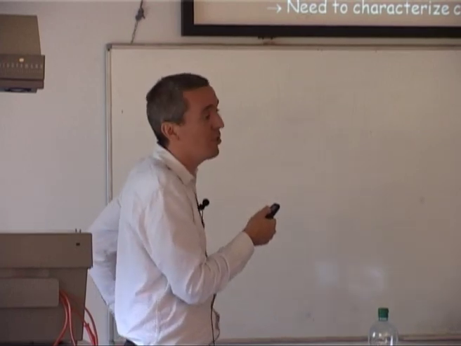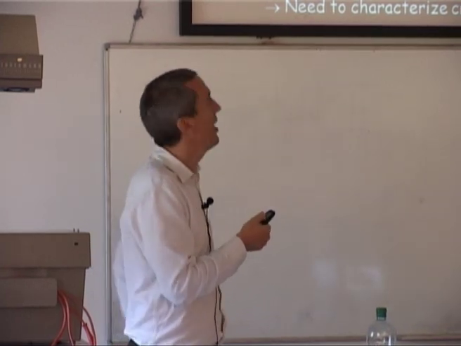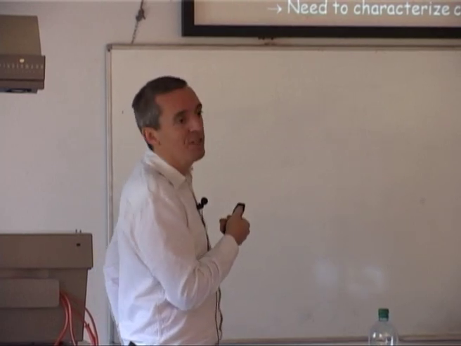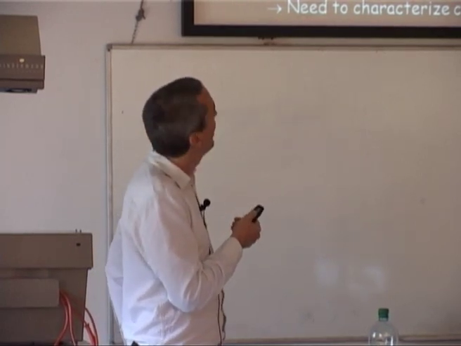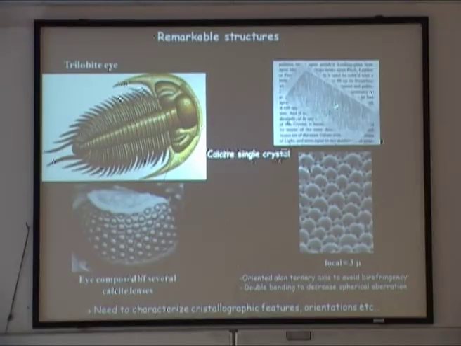This is, of course, one property of these kinds of crystals. So let's imagine now you are a trilobite, and you see this way. That's bad. It looks like when you come back home drunk or something like that. So it's really bad. So there's a way to use a calcite single crystal and to see things clearly.